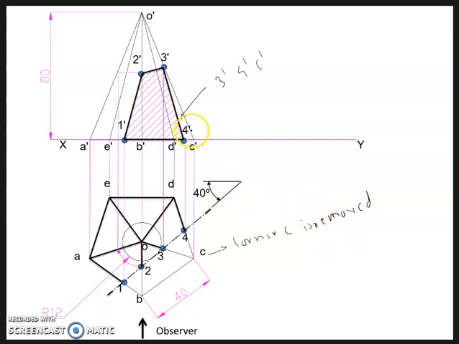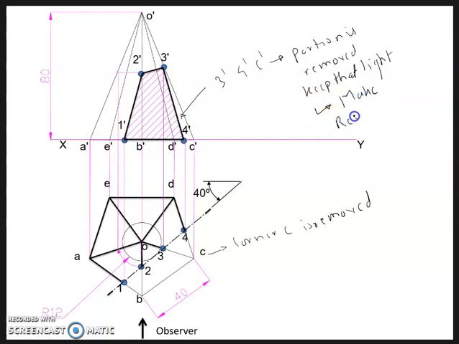So this triangle, this portion is removed. Alright. So keep that light and make the rest of the object dark.